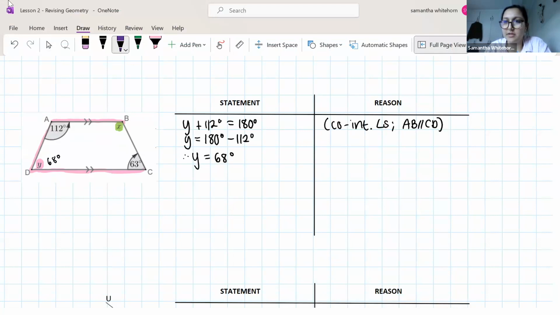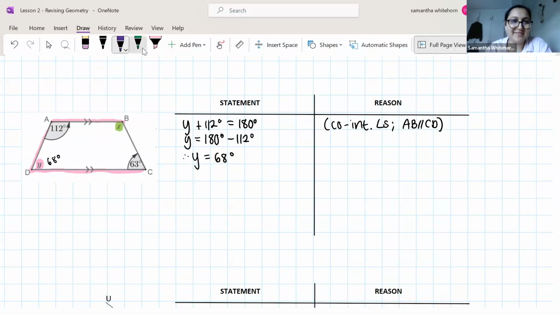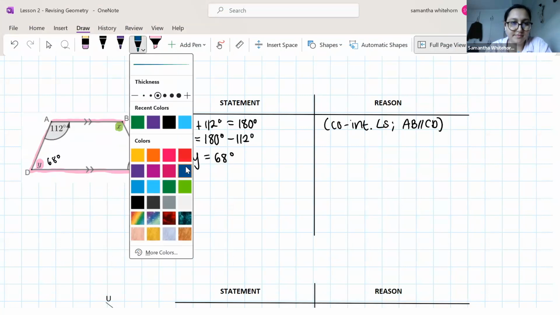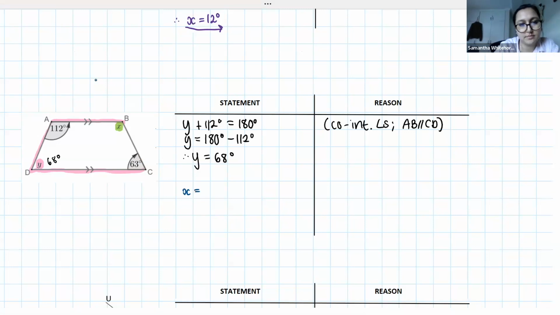There we go. Hi, ma'am. So I said X is equal to 180 minus 63 degrees, and then it gave me 117 degrees. Perfect. And what was your reason?